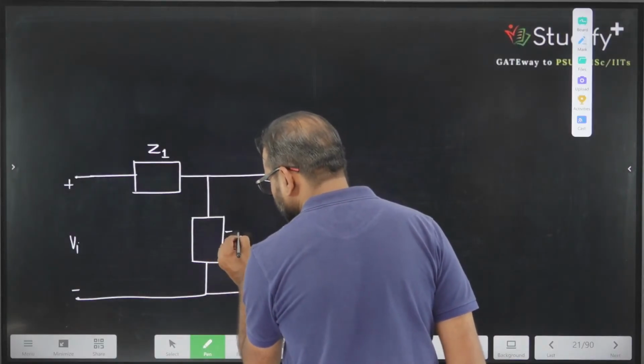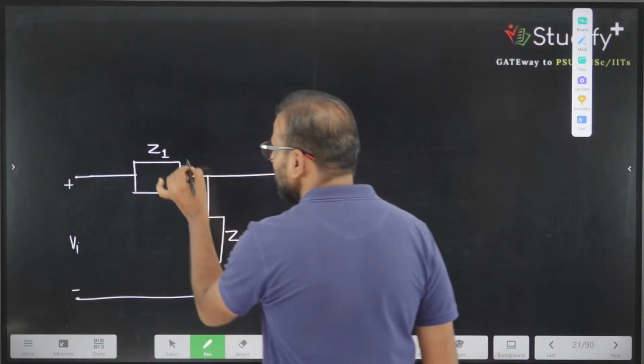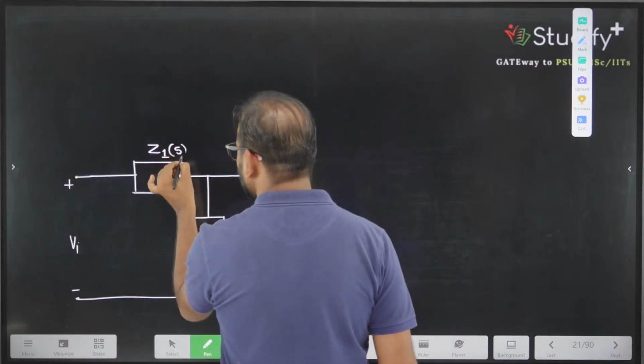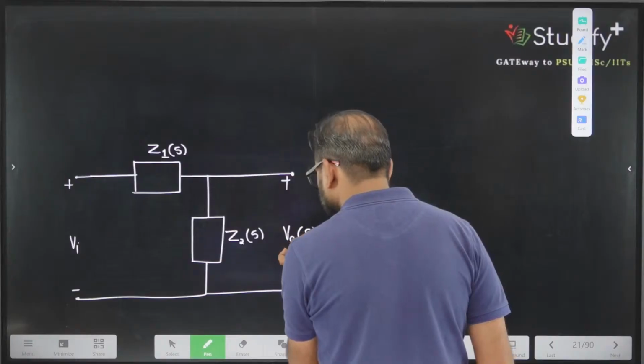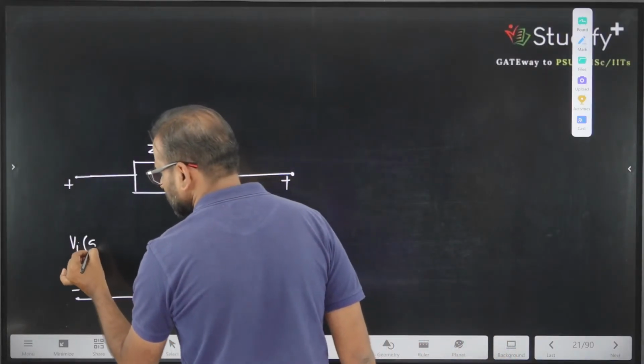So what is the circuit in the Laplace domain? Just replace this by S. If you write Z1(S), Z2(S), V out will be S, and this is also S.